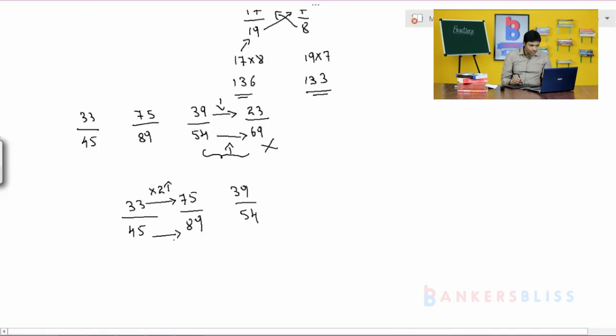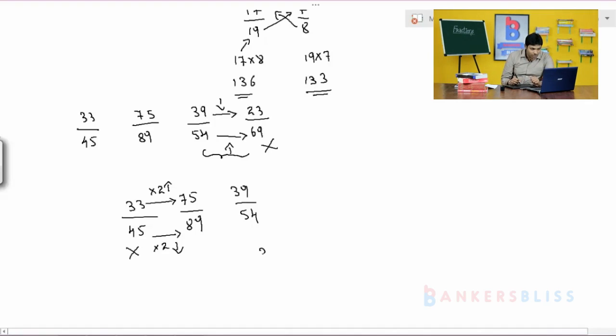Here 45 twos are 90, but it is increased less than twice. So the resultant fraction, 75 by 89, is more than 33 by 45. Why? Already we explained: the numerator increasing rate is more than the denominator increasing rate. Therefore, 33 by 45 cannot be the answer.